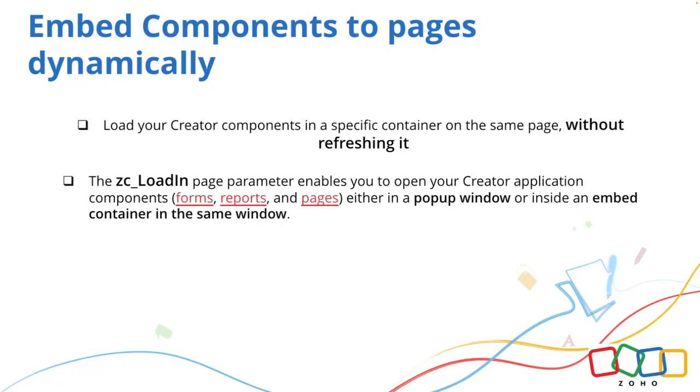But what's different this time is when you want to load the creator component in a specific container on the same page, this time you can do it even without refreshing the page, right? We do have this ZC load in page parameter that enables you to open your creator application. It can be either in a pop-up window or inside an embed container or in the same window as well.